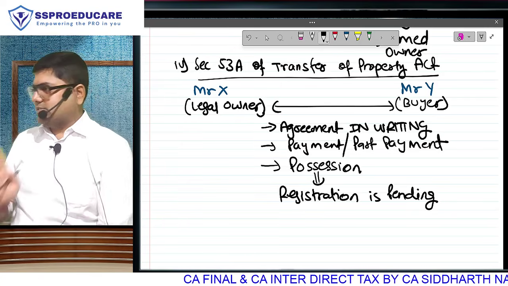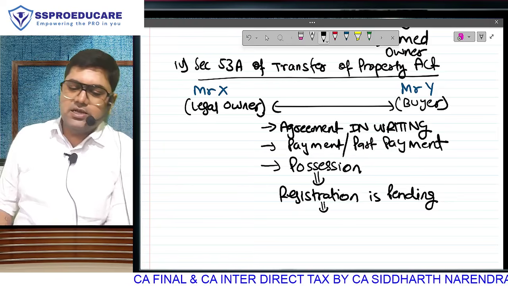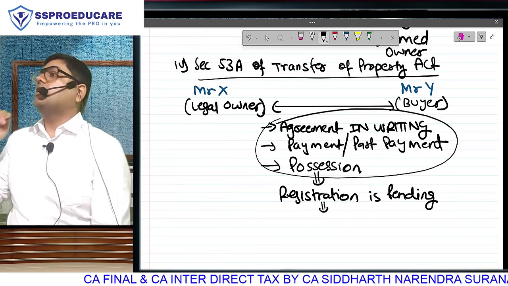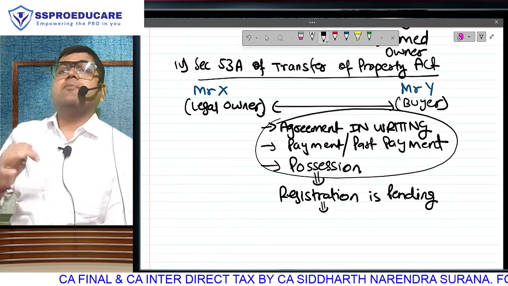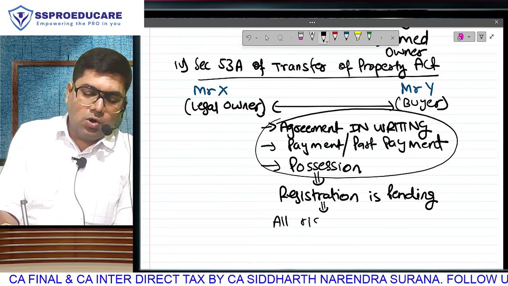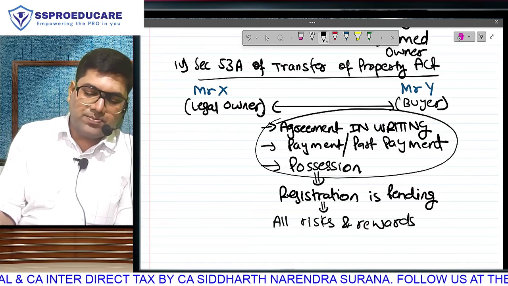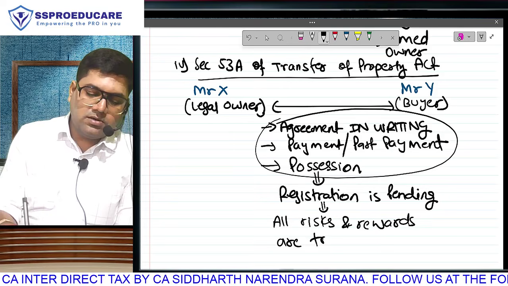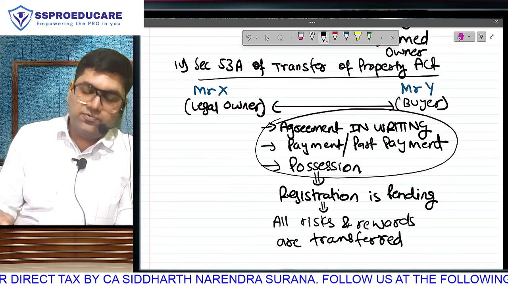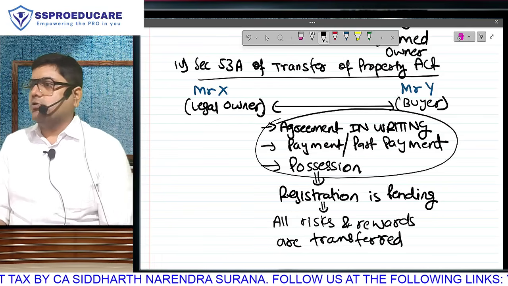The Transfer of Property Act says, and this is not a condition given in income tax law, that once these three conditions are fulfilled, which three? Agreement in writing, full payment or part payment, and possession is handed over. It will be considered that all the risks and rewards of the property have been transferred, even if on paper we have still not registered Y as the owner.